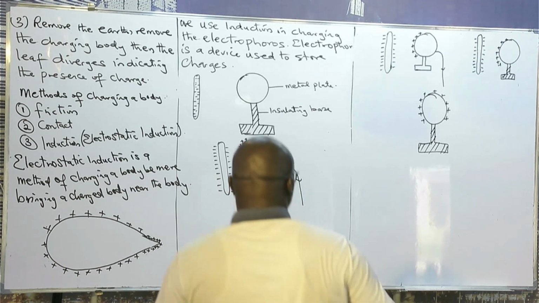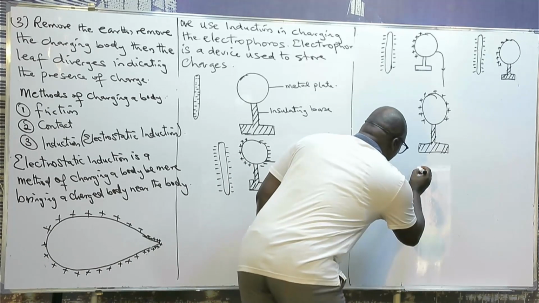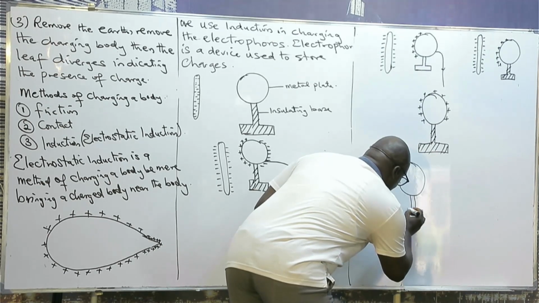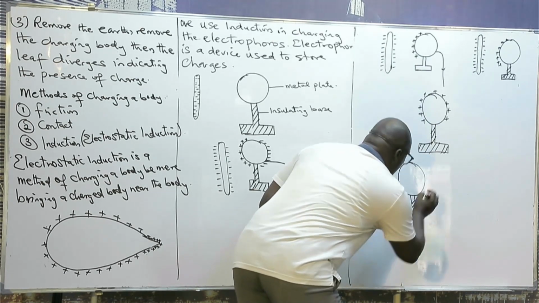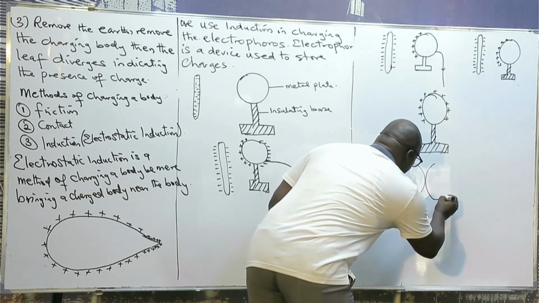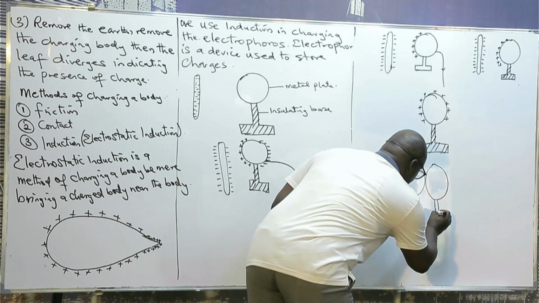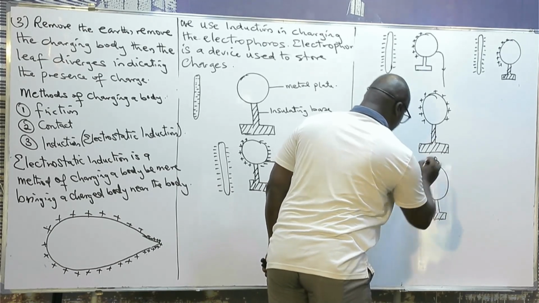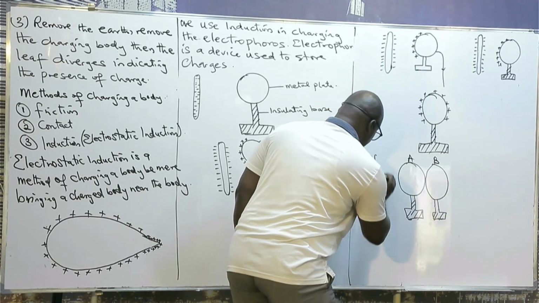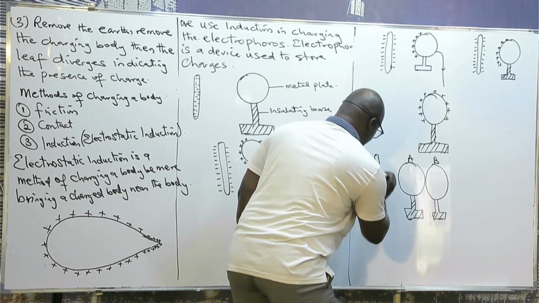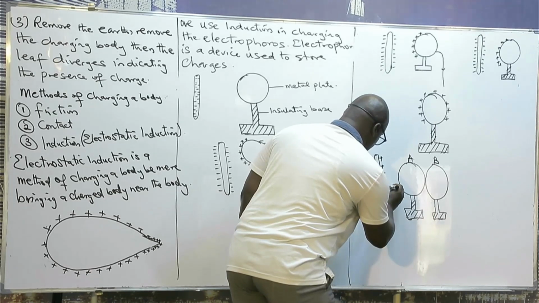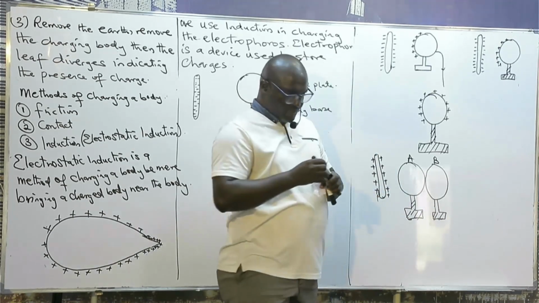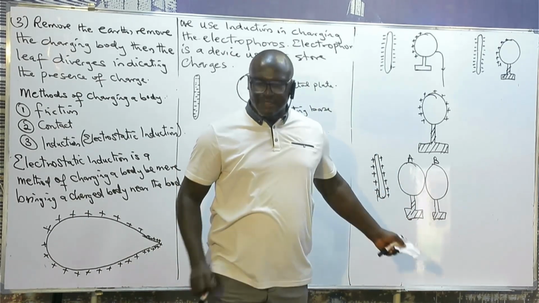I have two neutral bodies close to each other: body A and the second body B. If I bring something like a positively charged body near them, can somebody tell me the charges that will form in A and B?